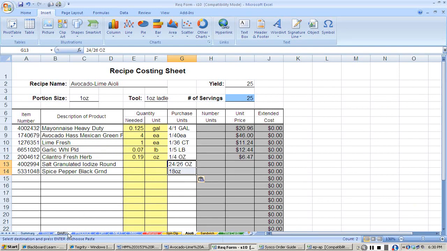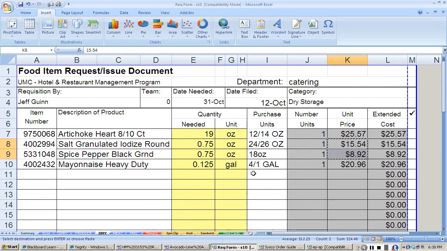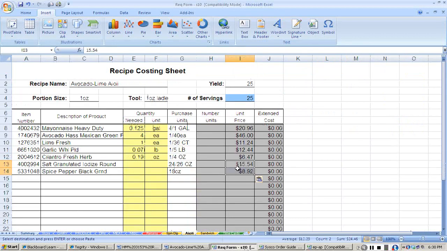Copy and paste the prices. 0.25 ounces. 0.25 ounces. Alright, so we go back and make sure we got all of our ingredients. Mayo, avocados, lime, garlic. Cilantro, salt, pepper. So we're good to go.